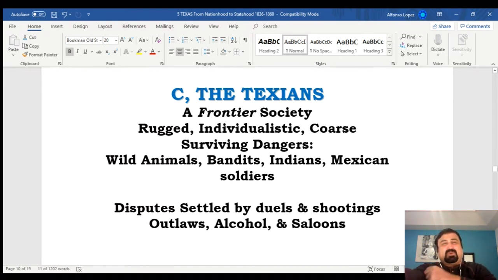Now, also in Texas, we're going to see, of course, besides the immigrant groups and the African slaves that are introduced, the Texians, as they were called, okay? The Texians.